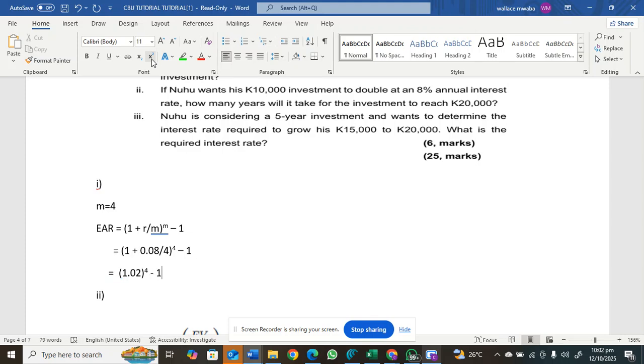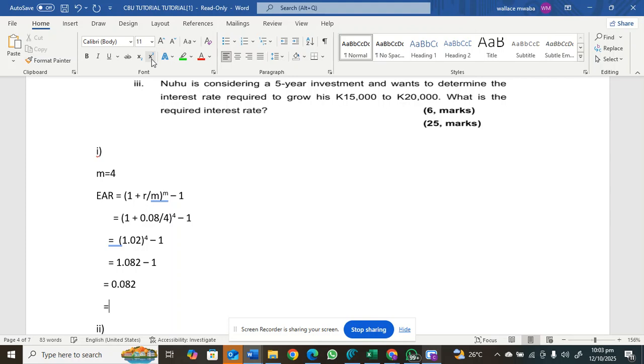Minus 1. And now do 1.02 to the power 4. That gives us 1.082. Then 1.082 minus 1, we get 0.082, which gives us an interest rate of 8.2%.